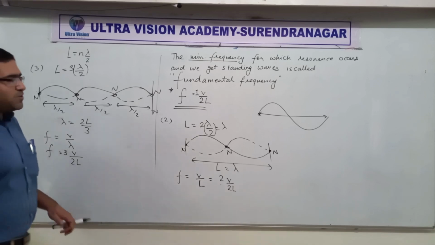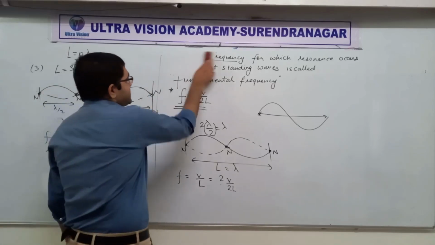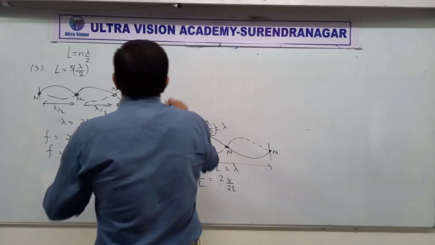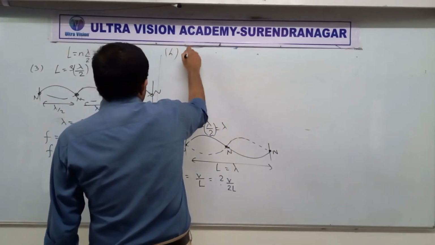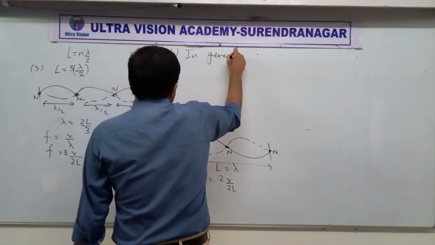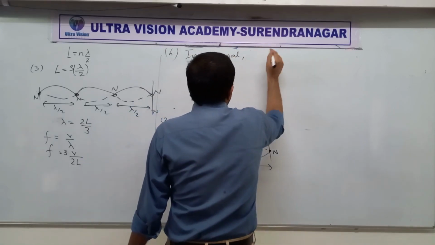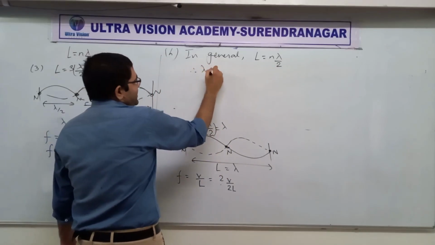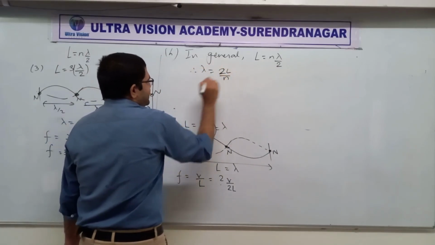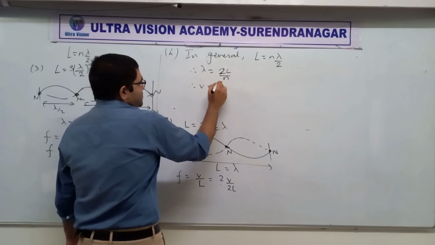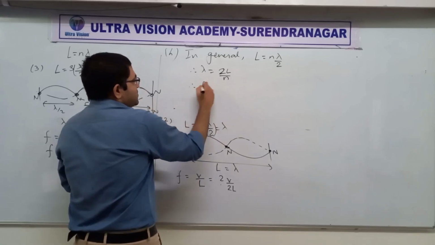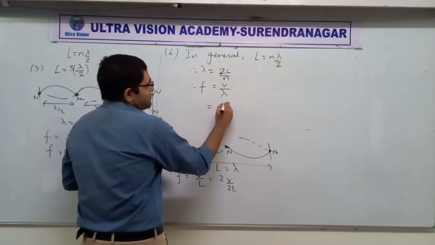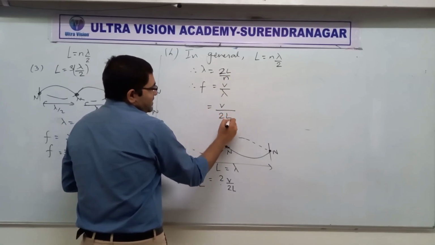So in general now, time for the most general relation. Number 4, in general, L is n lambda by 2, therefore lambda is 2L by n. Therefore F is equal to V by lambda, and V upon lambda means upon 2L divided by n.